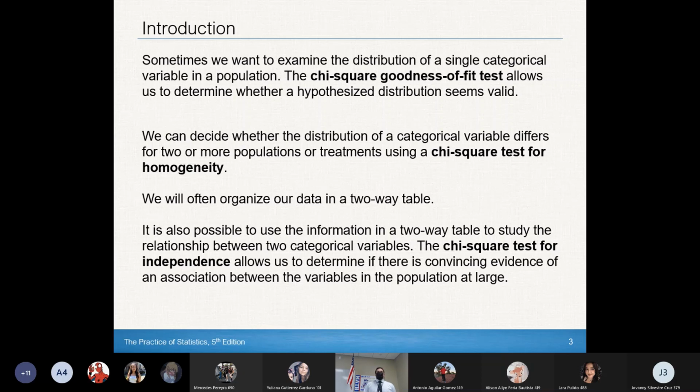The chi-square test for independence, which is there's two tests that we can do here, homogeneity or independence, allows us to determine if there is convincing evidence of an association between the variables in the population at large. So the chi-square test for homogeneity allows us to test whether or not the distribution is what whoever made it claims it is. The chi-square test for independence allows us to determine if there's evidence of an association between variables, right? And we're looking at it like a two-way table. So there's two different tests we can do with our chi-square.